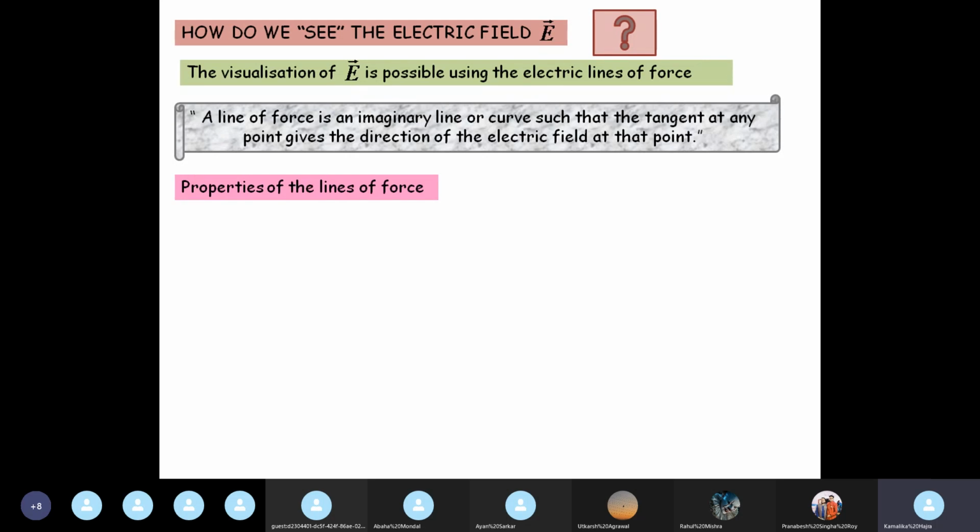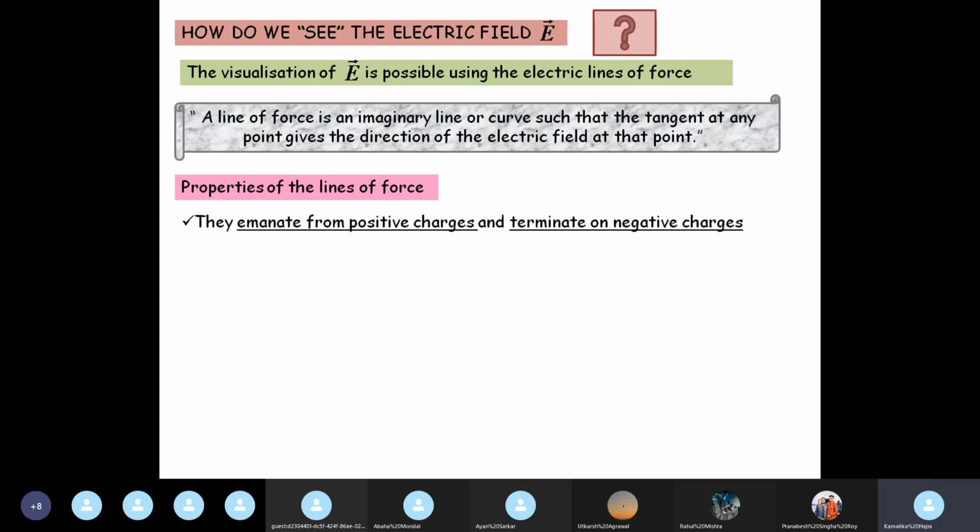So what are the primary properties? Now, in books you will get several, five or six, properties of electric lines of force. But what are the two primary properties of electric lines of force that you must know? If you are asked to write down the properties of electric lines of force in the examination, you will be given maximum 2 marks. So you have to write down the two most important points.